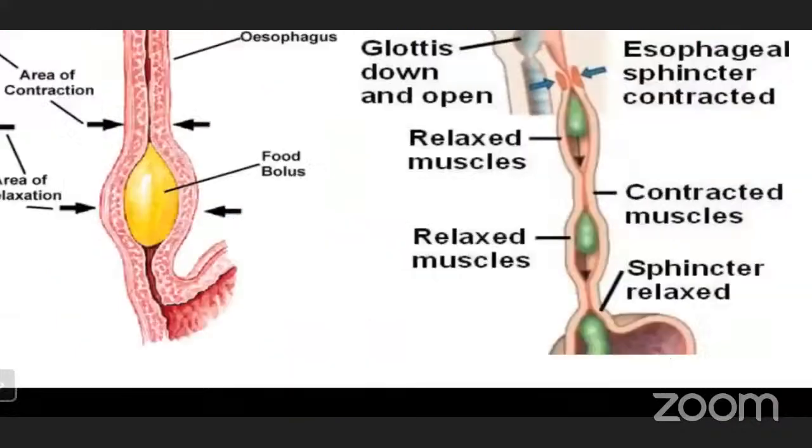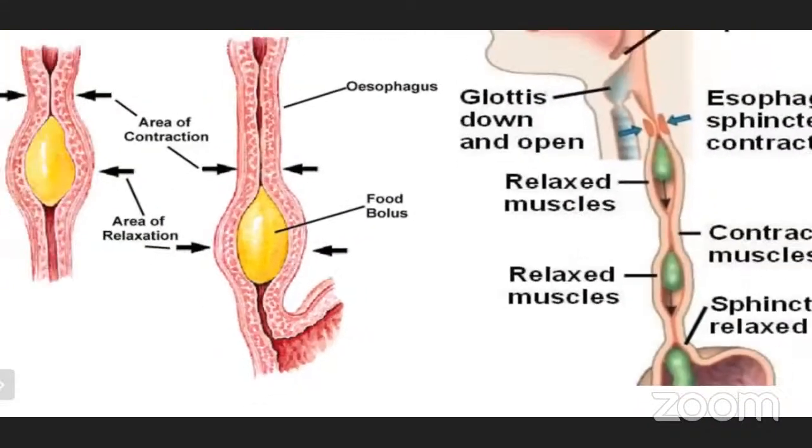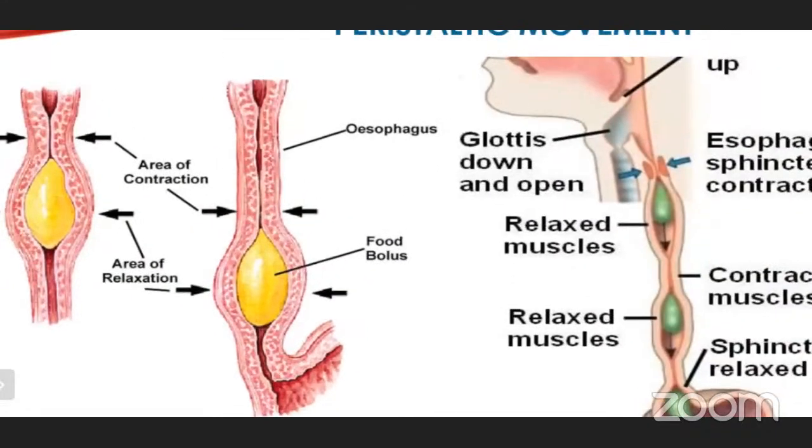Esophagus, and this yellow color is food, known as bolus, the area of contraction, the area of relaxation. Glottis down and open, and relaxed muscles.